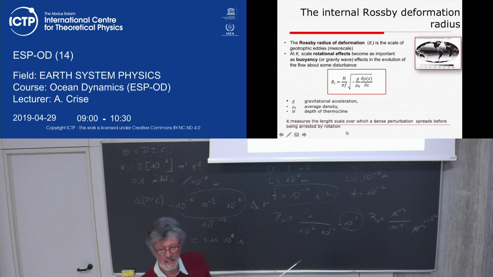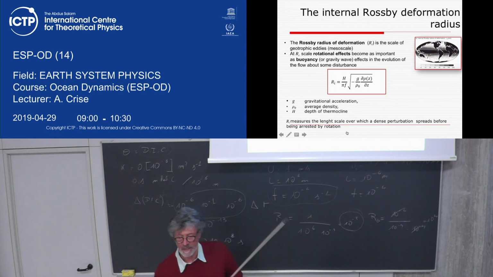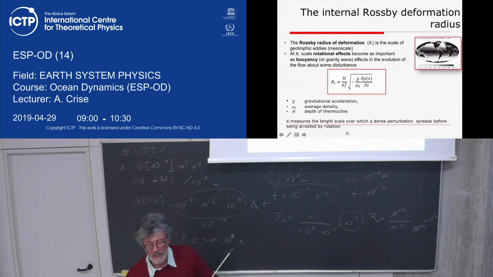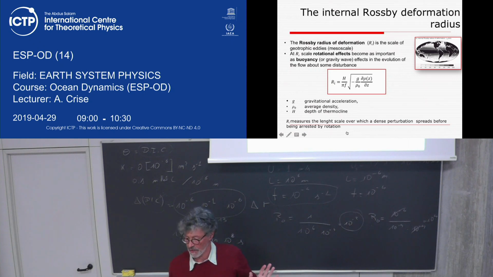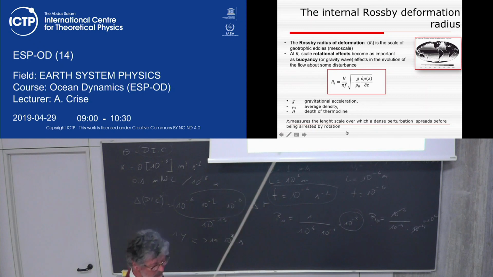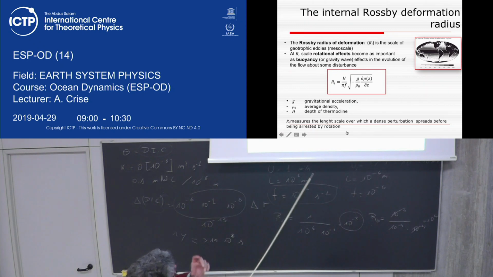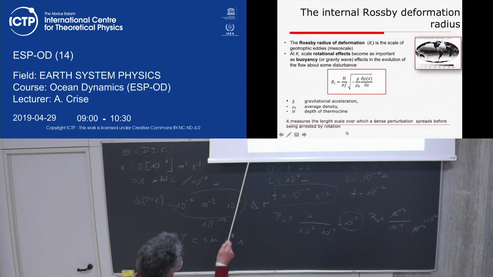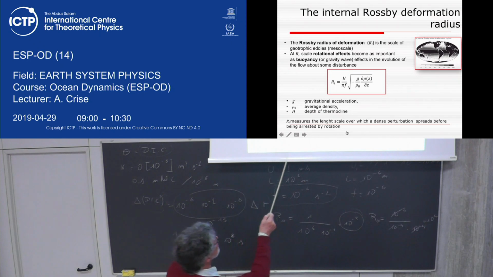For example, eddies are characterized by baroclinic structure. You cannot have eddies as we know them without a stratification of the ocean. And a measure of the scale of the mesoscale, of the geostrophic eddy, is the so-called Rossby radius of deformation.